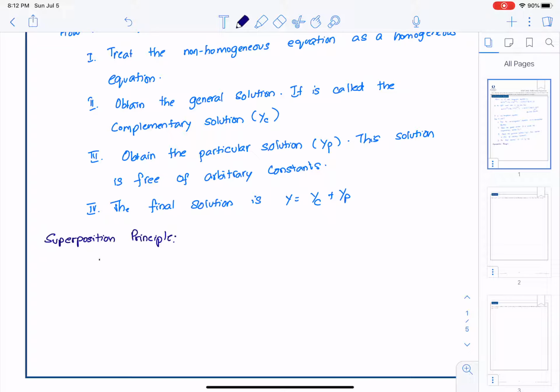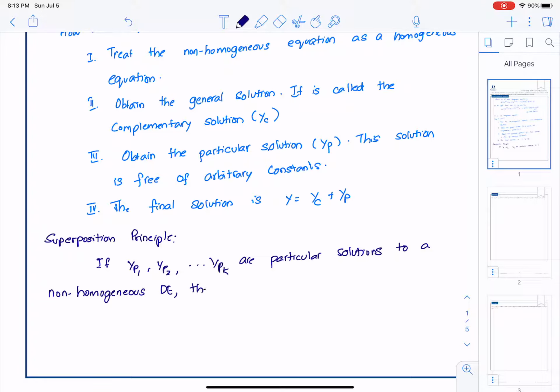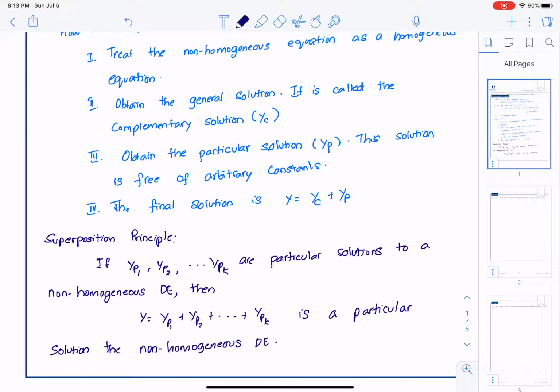The same thing holds here: if yp1, yp2, up to ypk are particular solutions, then yp1 plus yp2 all the way up to ypk, the sum of those would be a particular solution of a non-homogeneous DE.